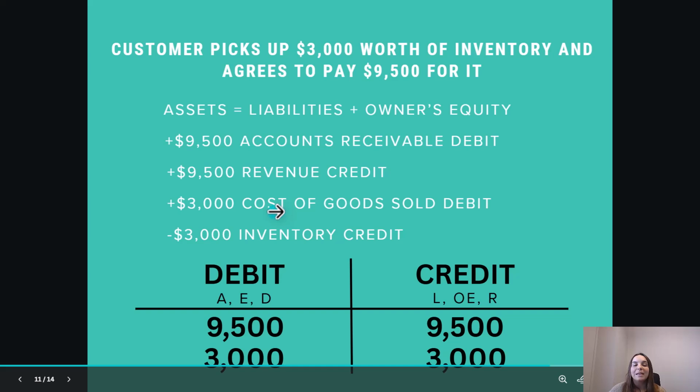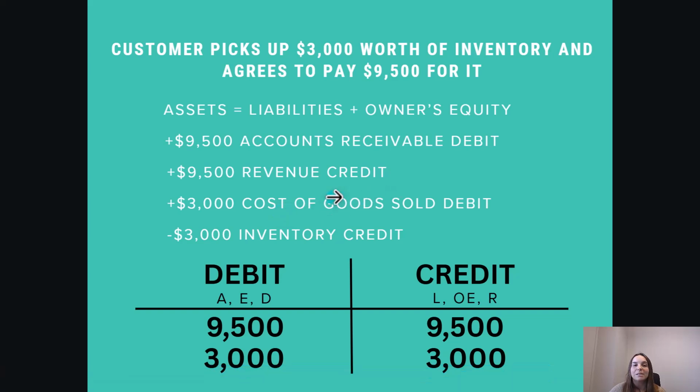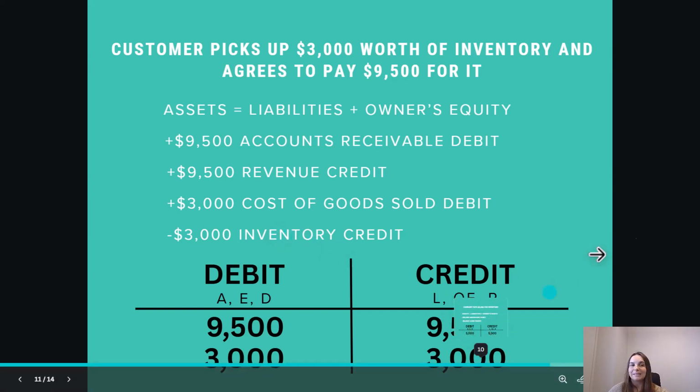We are going to increase cost of goods sold, which is an expense. So we're going to debit it because expenses have a normal debit balance. And then we are going to decrease inventory. Now, inventory is an asset, and assets have a normal debit balance, but we're decreasing it, which means we are going to credit it.